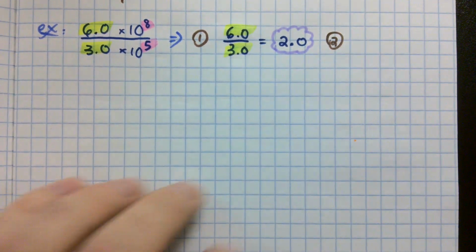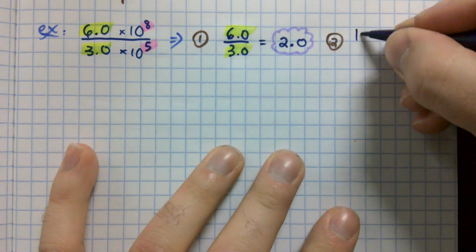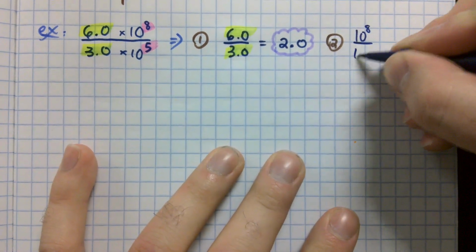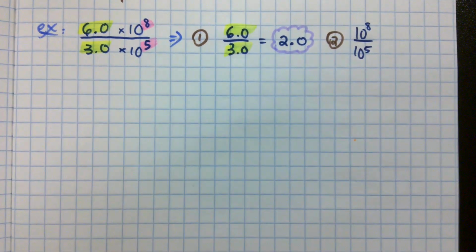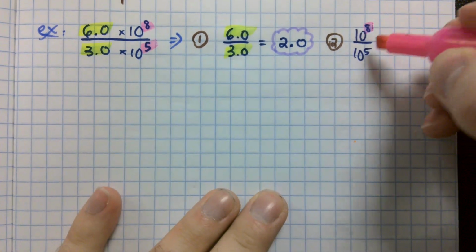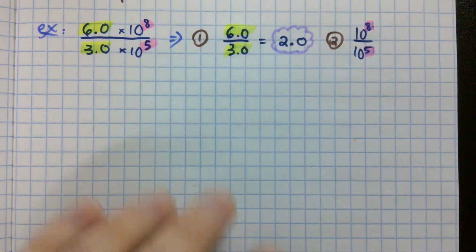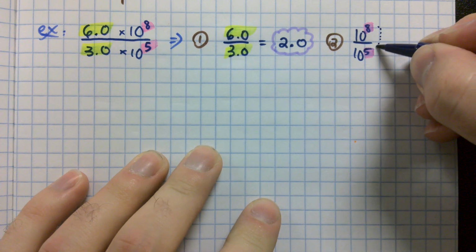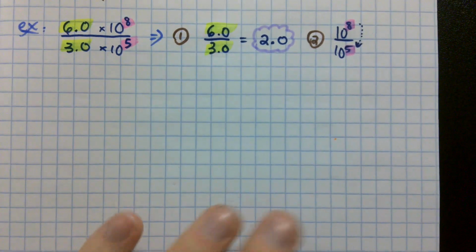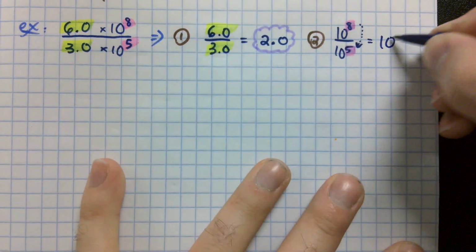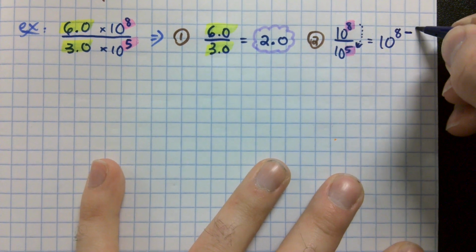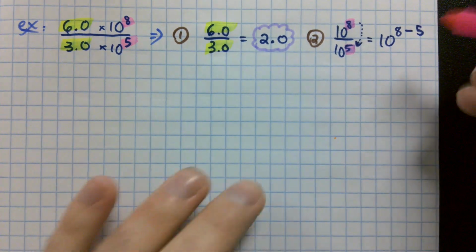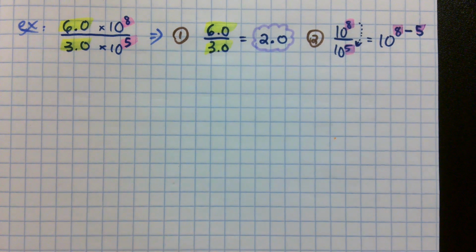Step 2, we take our 10 to the 8th over 10 to the 5th. And we do our quotient rule, which means we're going to subtract these numbers downward. 10 to the 8 minus 5. 10 to the 4.